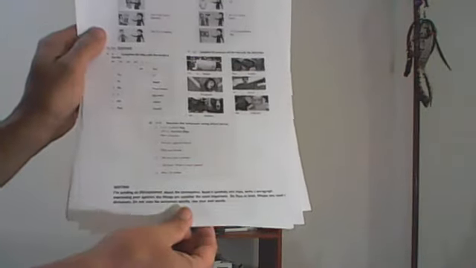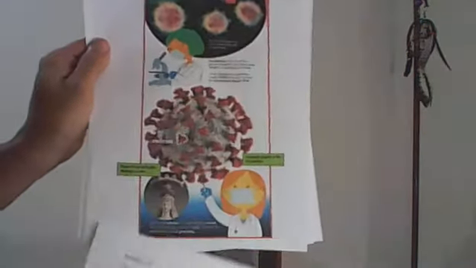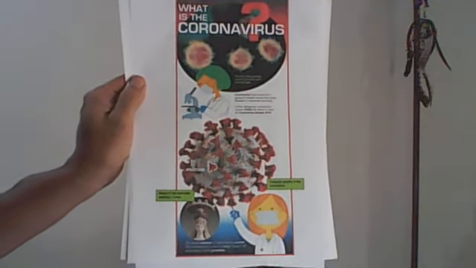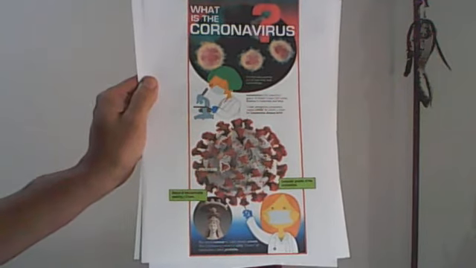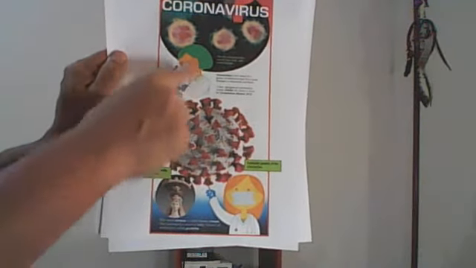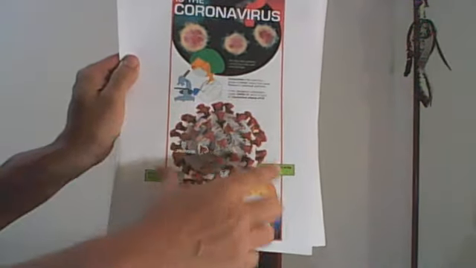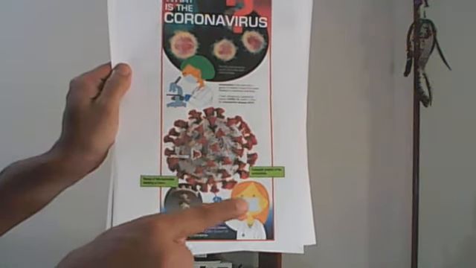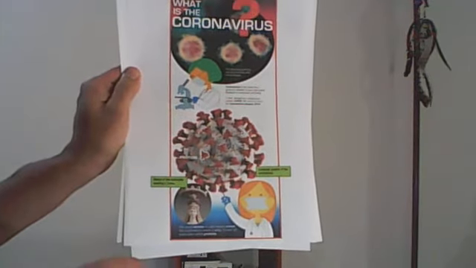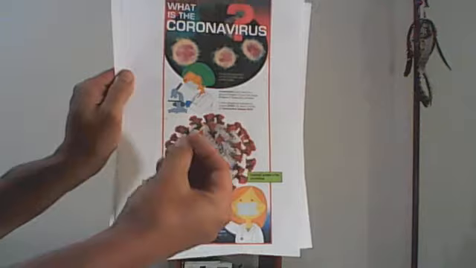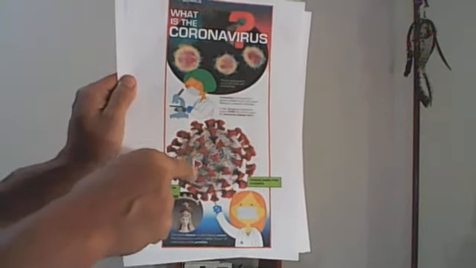What is this about? I am sending you this infographic about the coronavirus. Last week, I sent you a video and you watched a video about the coronavirus. Here we have more information about this. We have sentences which show information, and then you have to create your own mind map with the main sentences, the main information, the things that you consider most important.